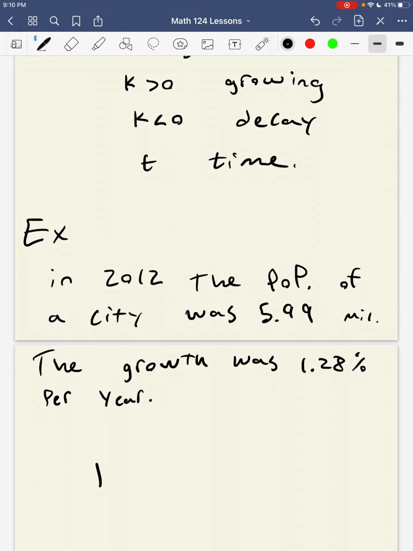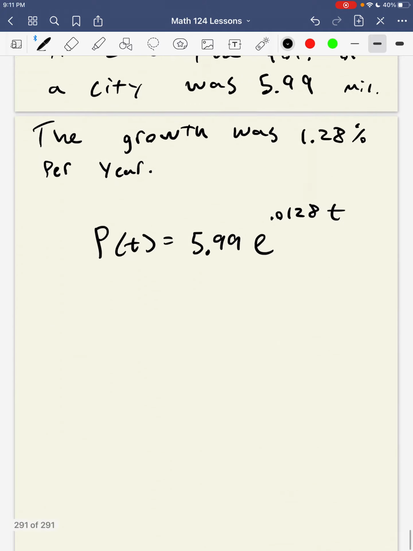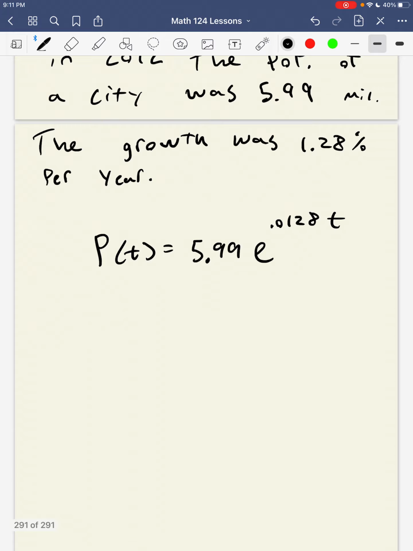So we can make a model of the population by P of t equals the initial amount times e to the kt. Now notice that I wrote the rate as a decimal and not as the percentage, right? 1% is equal to 0.01, and 100% is equal to 1 in decimal form.